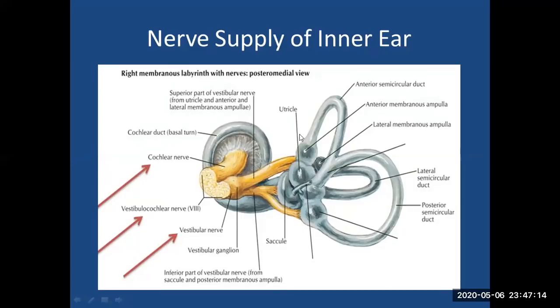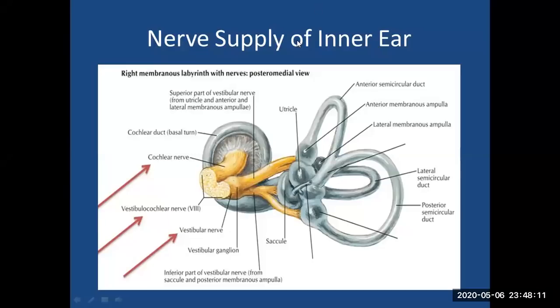It is also important to know that the saccule receives dual nerve supply, from the superior vestibular nerve and also through the utricle, through the inferior vestibular nerve. So the saccule has a dual nerve supply.